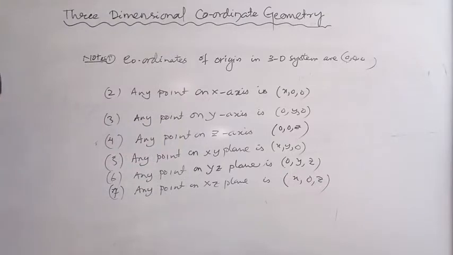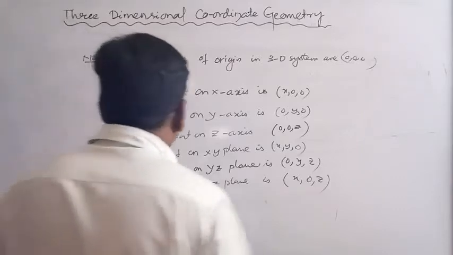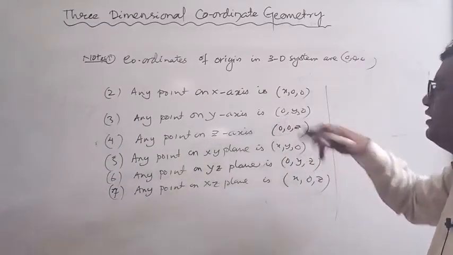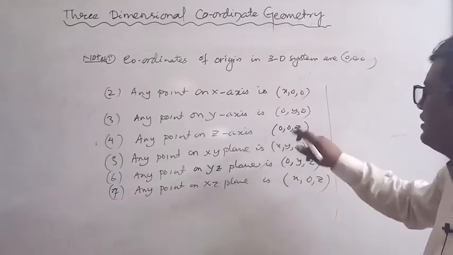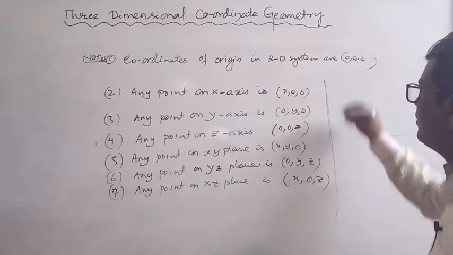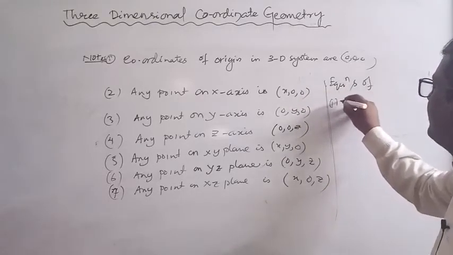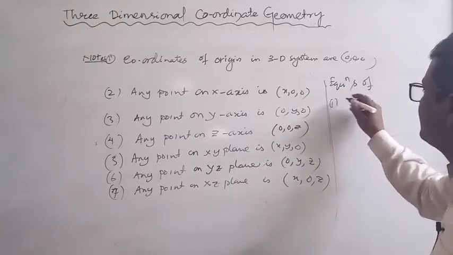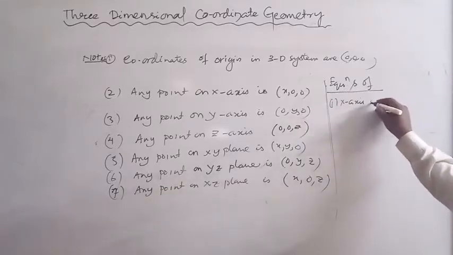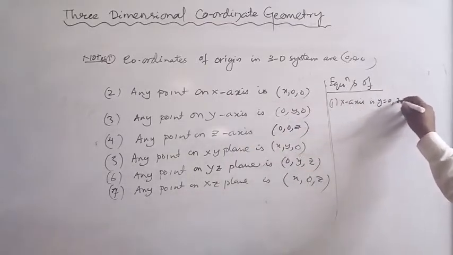This is the 3D system, and what are the equations of the axes and planes? Number 1, the equation of the x-axis is y equal to 0, z equal to 0.